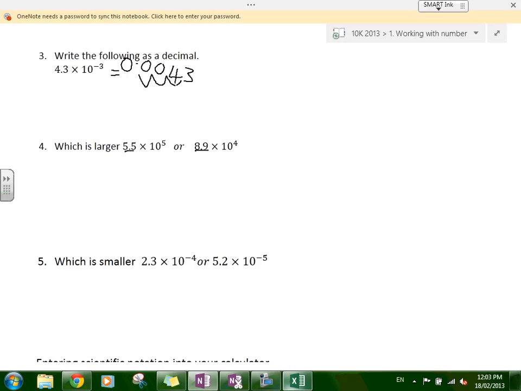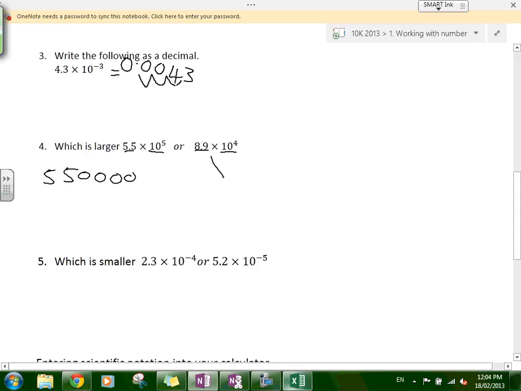If I remember this, you've got to look at the powers of 10, because 5.5 times 10 to the power of 5, or 8.9 times 10 to the power of 4. So the thing is, this one here is actually 550,000. This one here is 89,000.